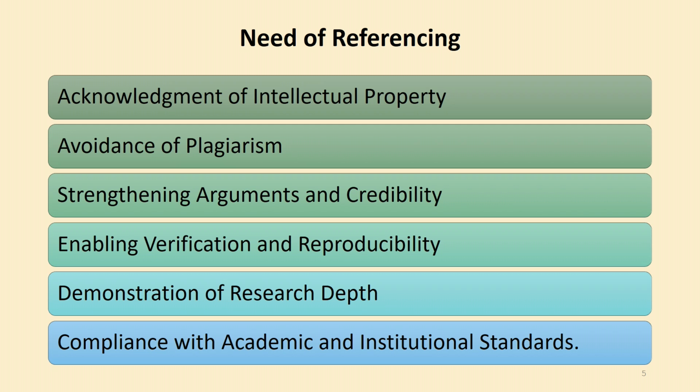You can see here on the screen, acknowledgement of intellectual property. Whatever you are reading in the form of a book, research paper, monographs, or other academic material, is available in the form of intellectual property. These are all intellectual property which belongs to the author.